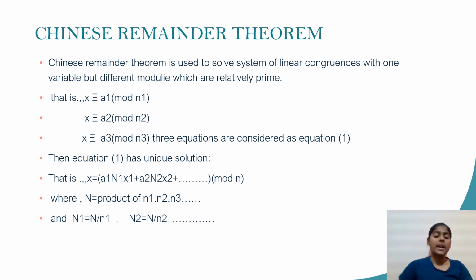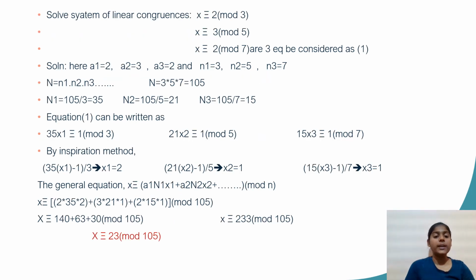Then equation 1 has a unique solution, that is x equals a1 capital N1 x1 plus small a2 capital N2 x2 plus and so on in mod N, where capital N is the product of n1, n2, n3 and so on, and capital N1 equals capital N by small n1, capital N2 equals capital N by small n2 and so on.